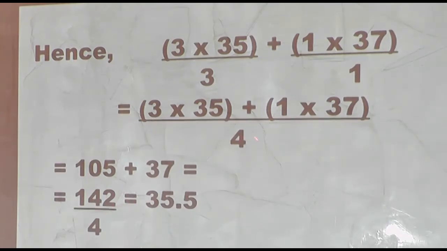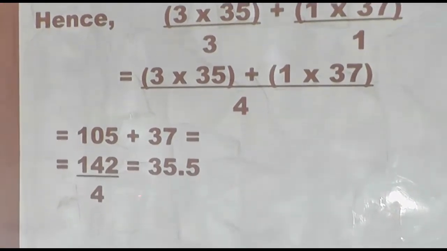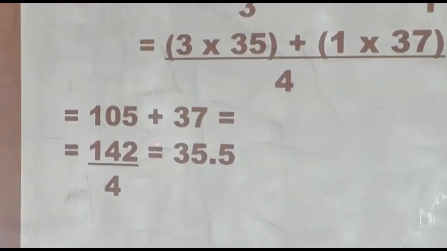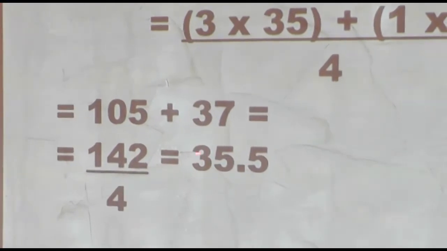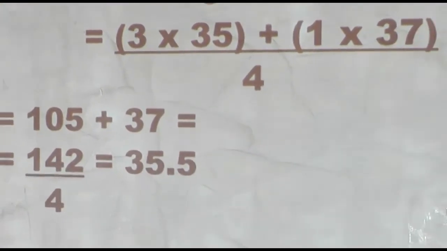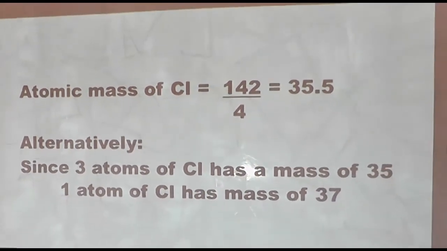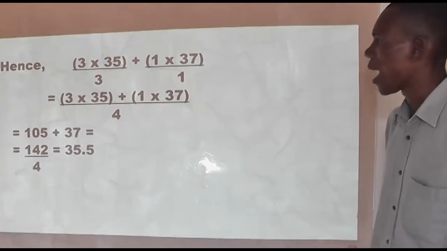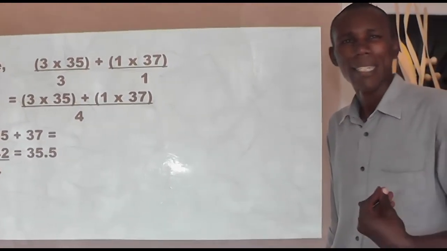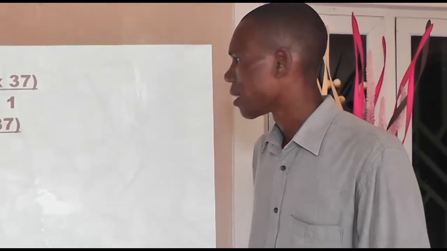And looking at the total percentage value now, or ratio, it is 4. Then 142 divided by 4 gives us 35.5, which is still the same result we obtained using the first method. Of course, we have established now that the relative atomic mass of chlorine is 35.5.